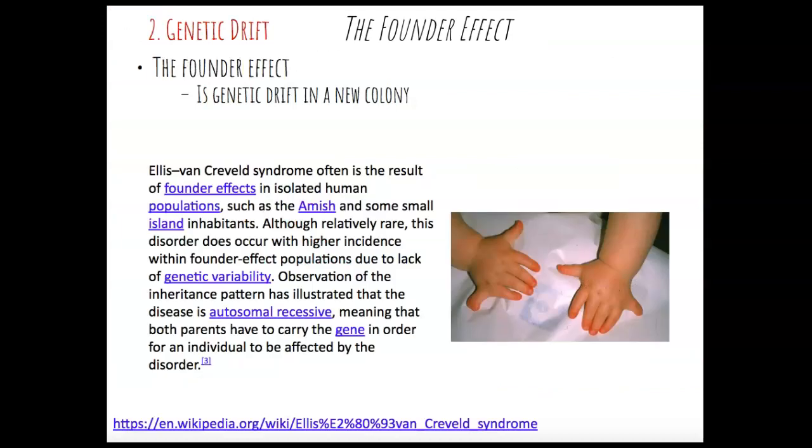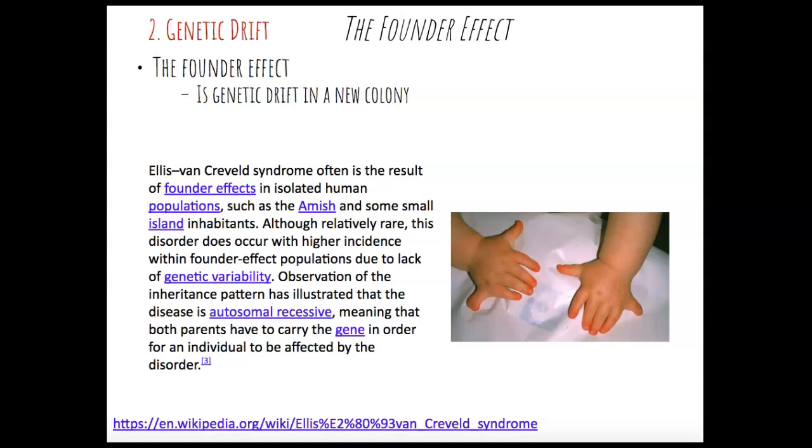A founder effect can also occur in humans. So when different groups of people were colonizing the Americas, the group that we call the Amish created a small island of inhabitants, and we say island in that they were sort of culturally isolated from others.